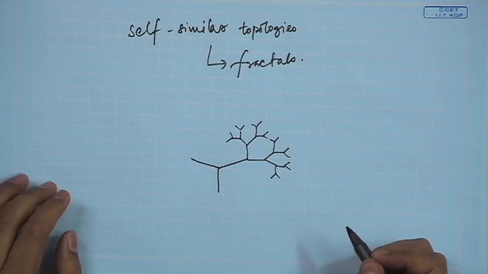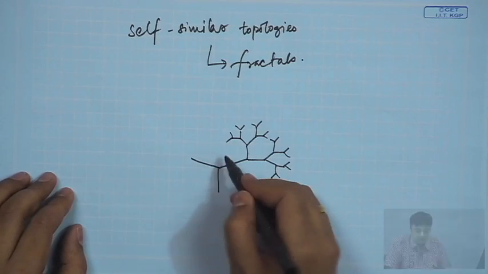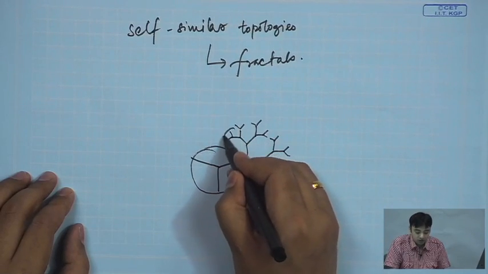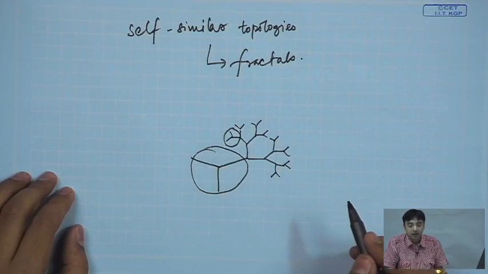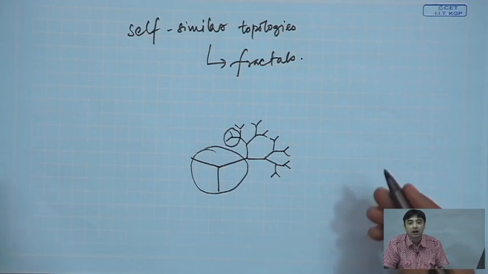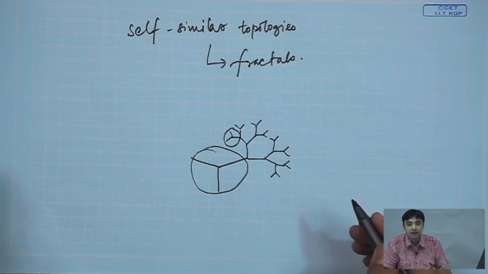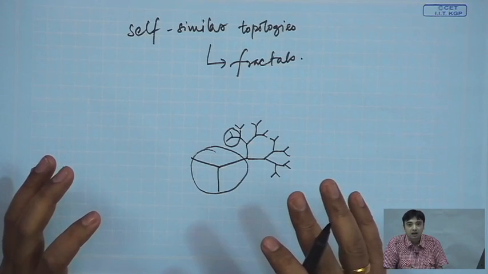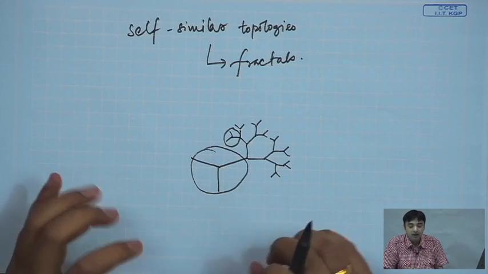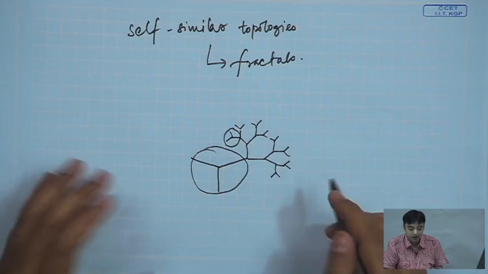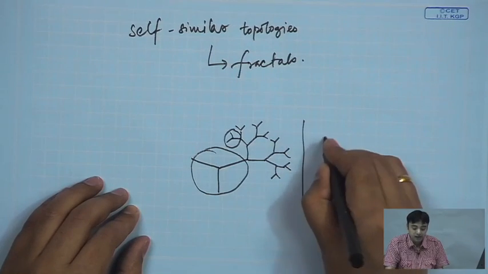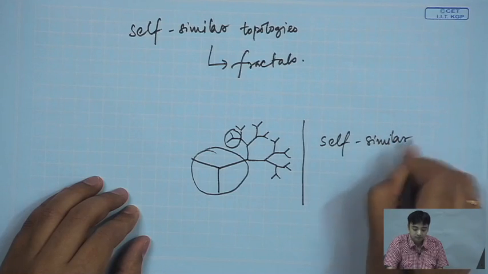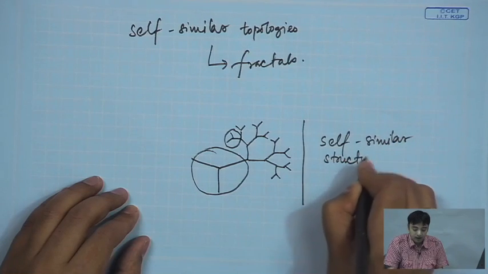Basically what is happening is that every individual part is similar to every other individual part, only smaller in size. Every individual part here is basically a smaller version of one of its larger counterparts. Such structures are called self similar structures.